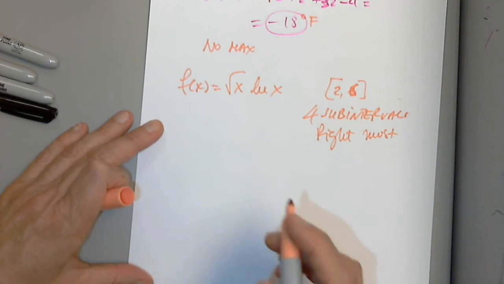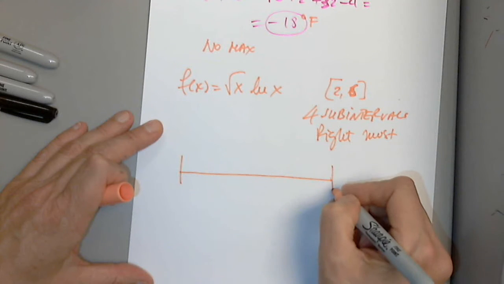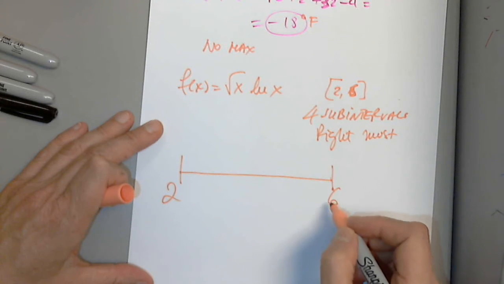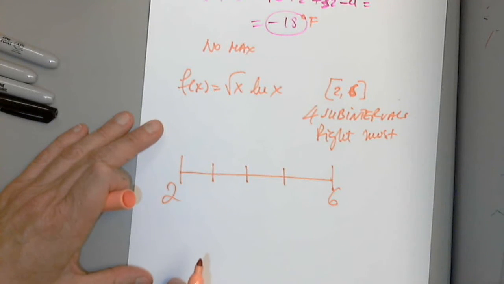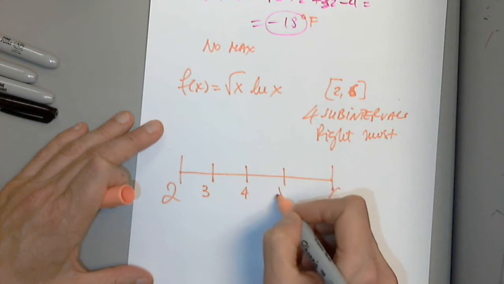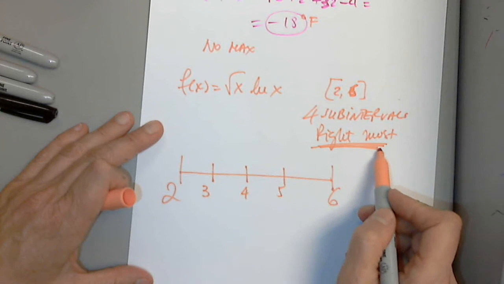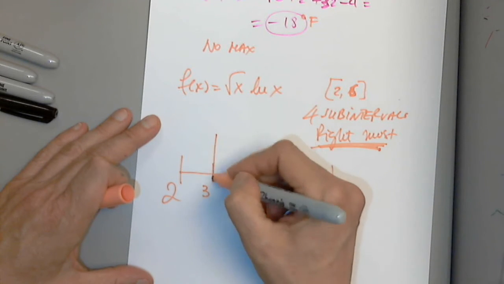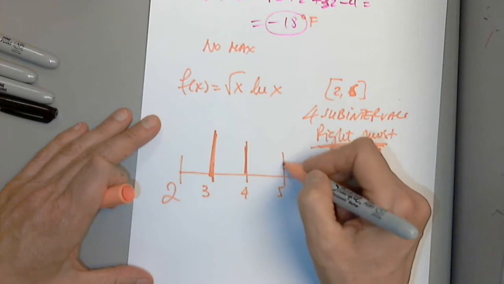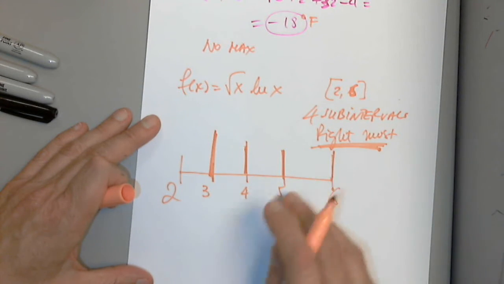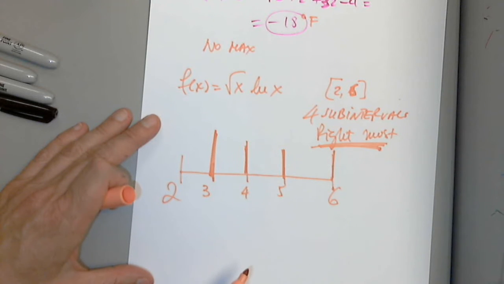So in that case, please remember, always try to do this first. Between 2 and 6: 3, 4, 5, 6. If we want the rightmost point, we have the height at 3, the height at 4, the height at 5, and the height at 6, because we chose the rightmost point.